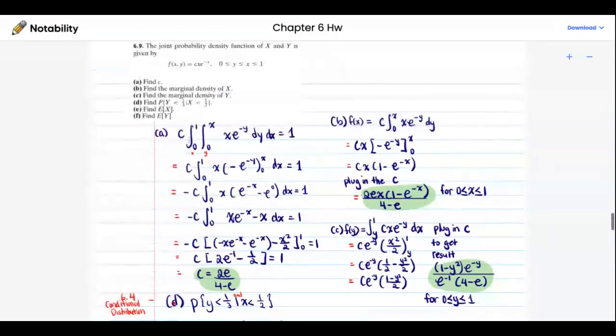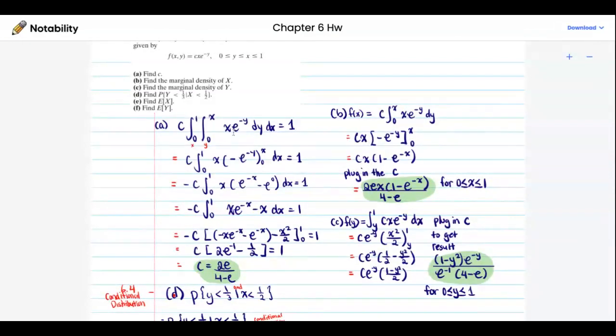We set up the integral with c outside: c times the integral from 0 to 1, and then 0 to x, of x times e to the negative y, dy dx, equals 1. Solving this integral gives c equal to 2e over 4 minus e.